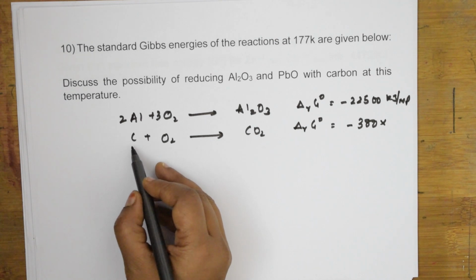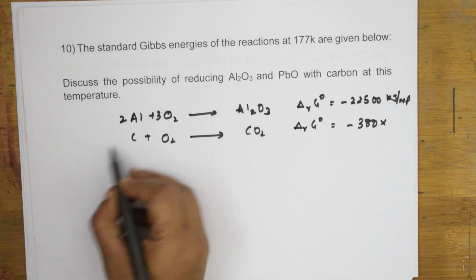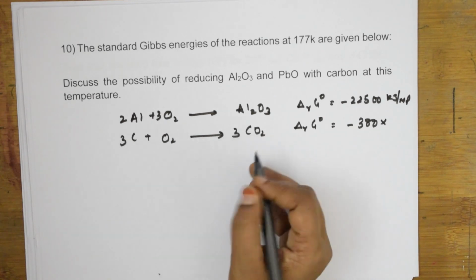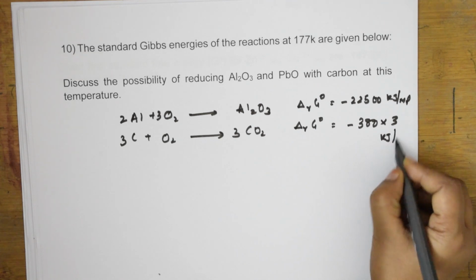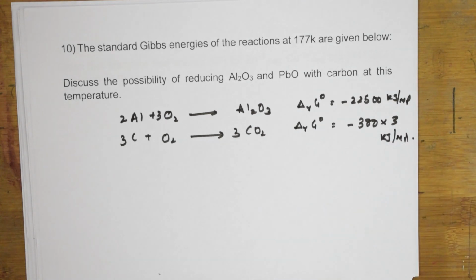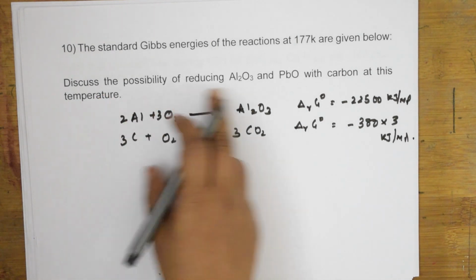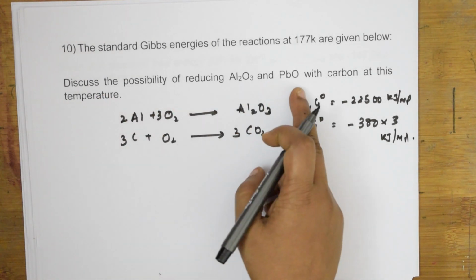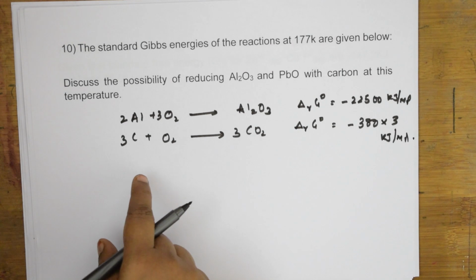Carbon dioxide has oxygen 2, so for 3 carbons, multiply with 3, in kilojoules per mole. These are the reactions. I need to discuss the possibility of reducing Al2O3 and PbO with carbon at this temperature. Is there a possibility?